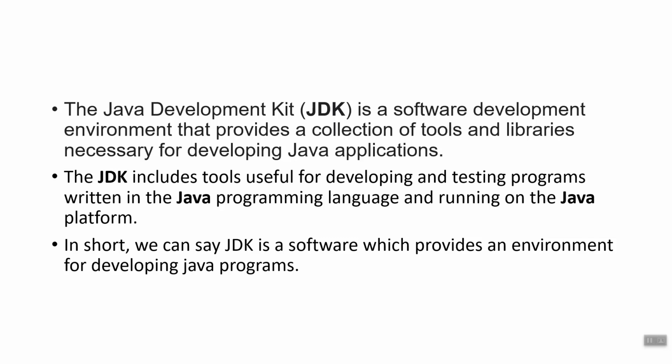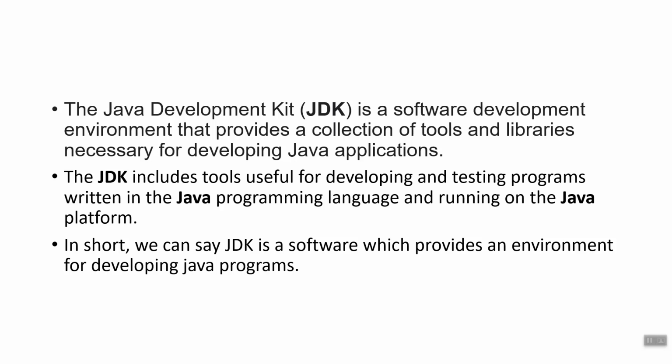We can further say the JDK includes tools useful for developing and testing programs written in the Java programming language and running on the Java platform. In short, we can say JDK is a software which provides an environment for developing Java programs.